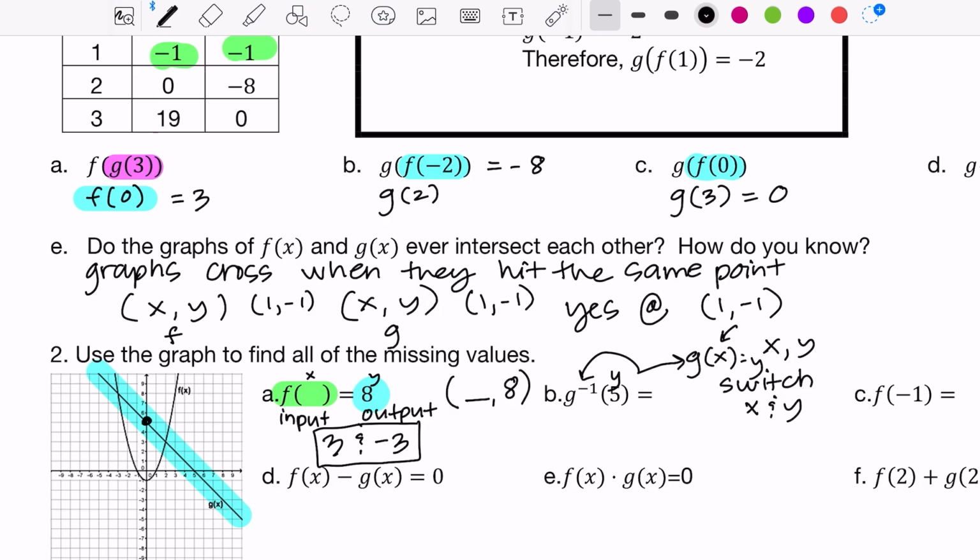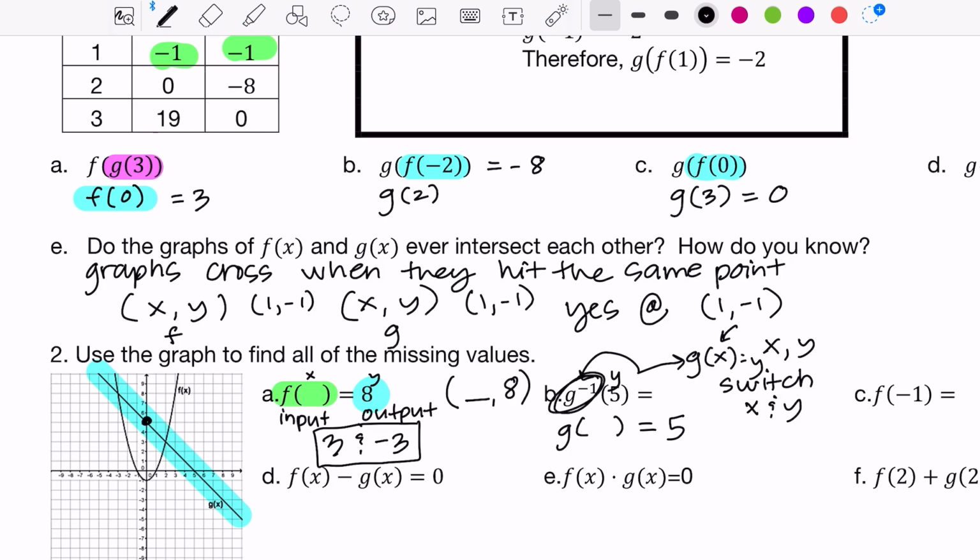So instead of saying g inverse of 5, what we're really saying is the same thing that we just said in the last one, which is this, right? The original graph, which is what we're given, compared to the inverse graph.